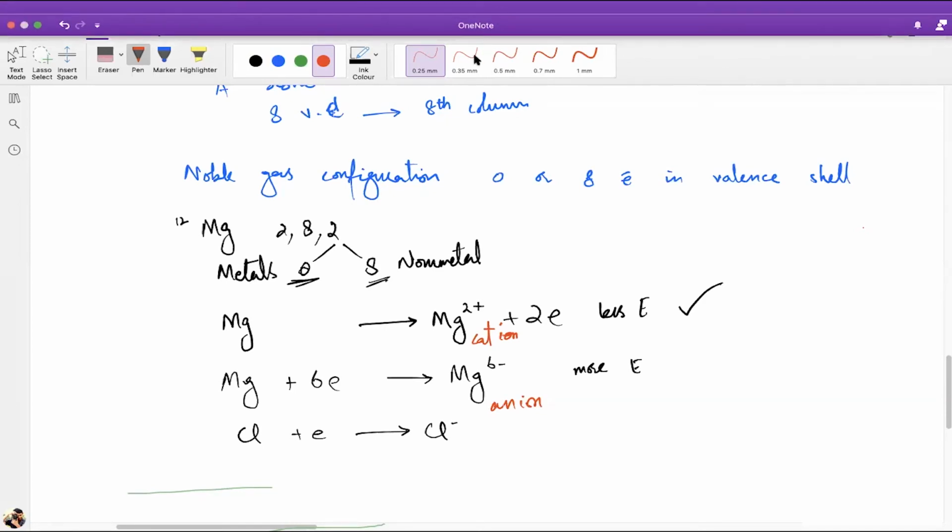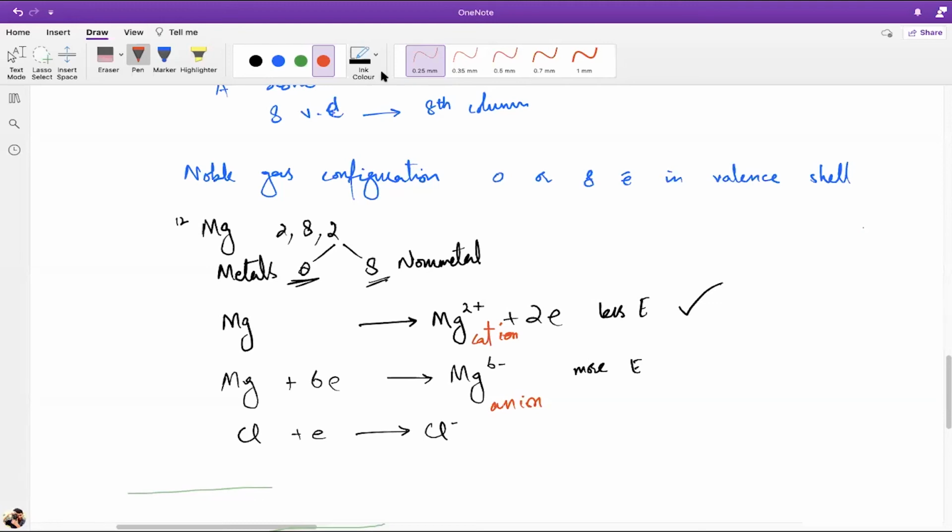Now, group 4 is basically undecided. The first 2 elements in group 4 always gain electrons and go to 8. But as you go down the group, the atoms become bigger and it gets difficult to gain electrons. So they start to lose electrons as well, because 4 can go to either side.